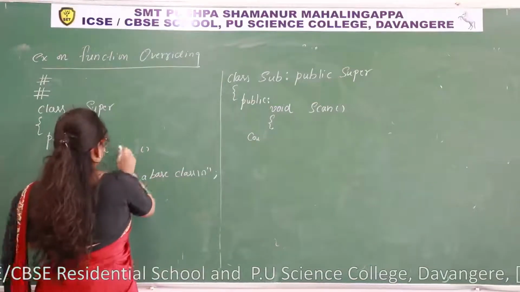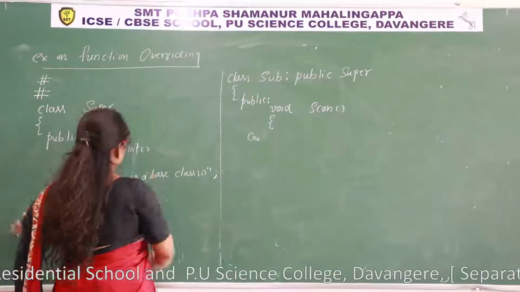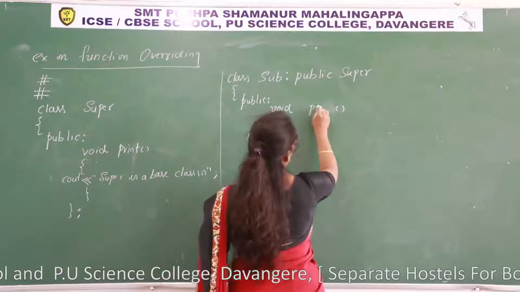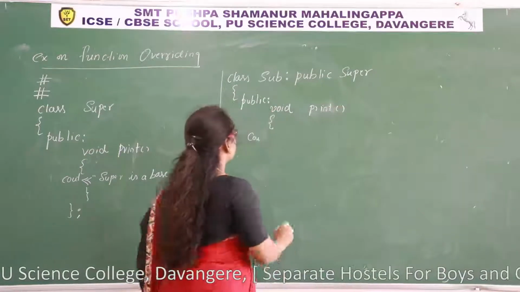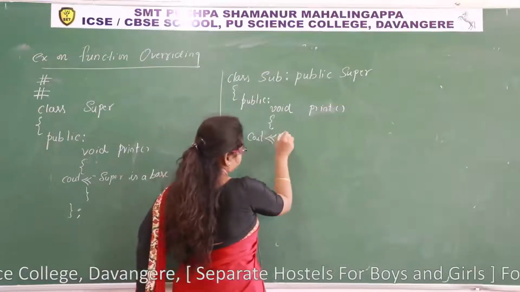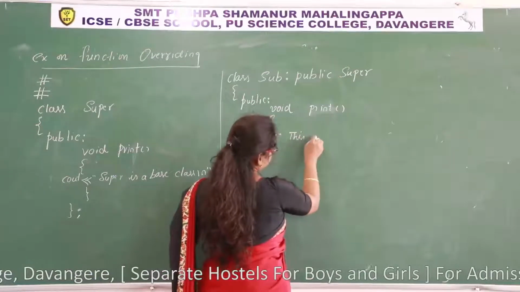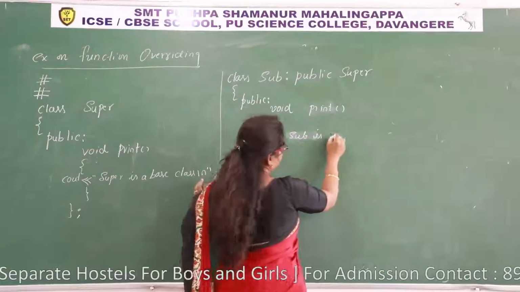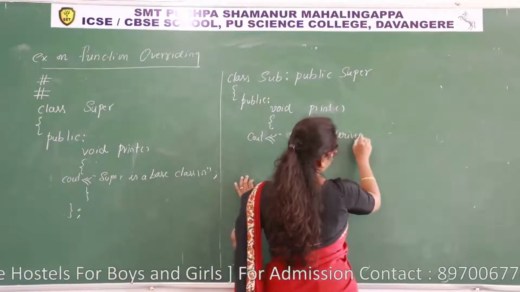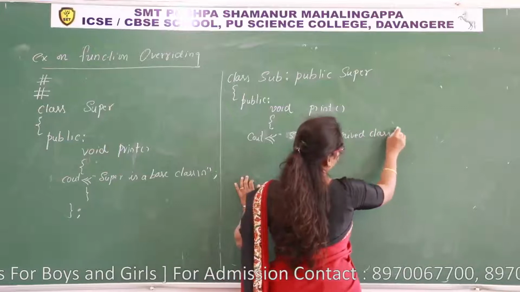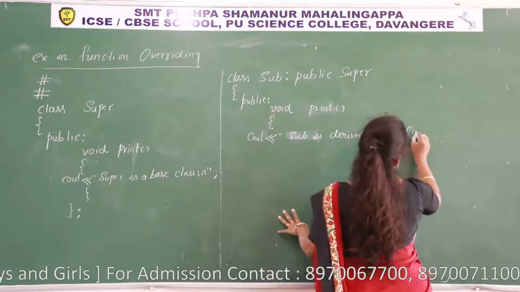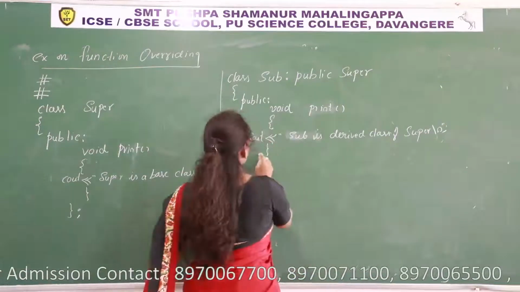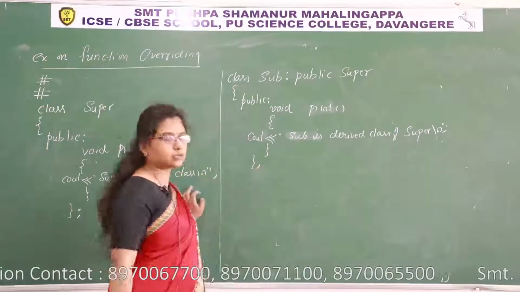Sorry, I take print as the function because I am printing a statement, not reading anything here. print, cout insertion: this is sub, the derived class of super. Class close, function close, class close.